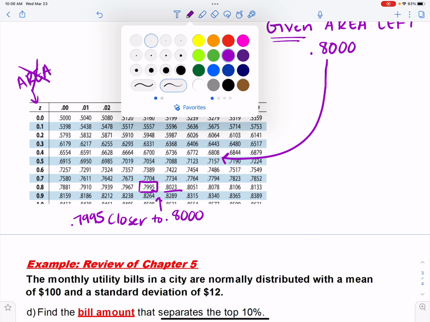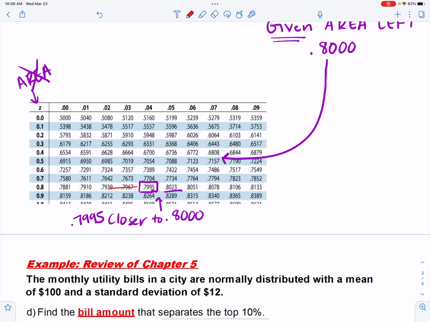Now, that's going to give me the z-score that corresponds, because z is what's on the outer edges of the table. So using the row for that closest area, I can determine that to one decimal place, I'm looking at 0.8. And in the second decimal place, using the column, I'm looking at a 4.